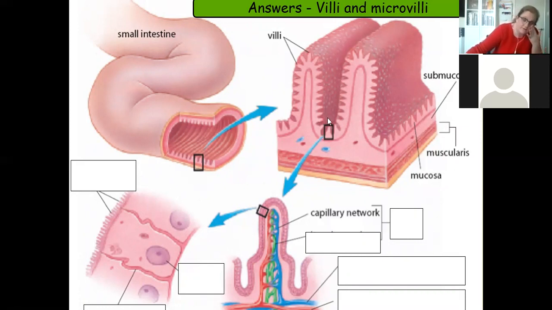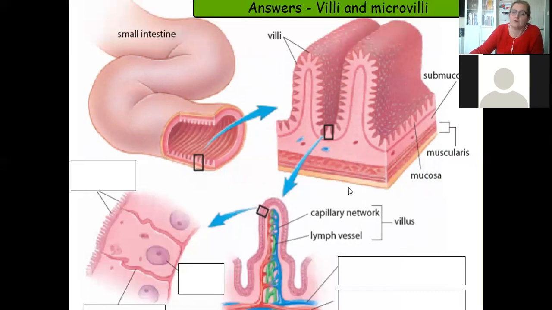If we then look in at this smaller section, we have our microvilli. So we can have it coming up to each microvillus. We have a capillary network. That's really important because we want the transfer of all these nutrients going into our blood. We have lymph vessels there, and we call all of this section the villus.